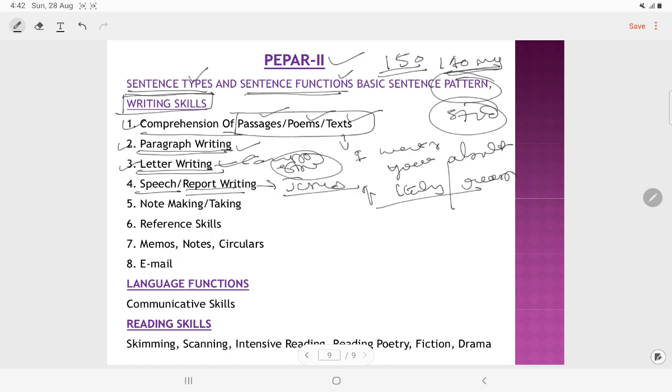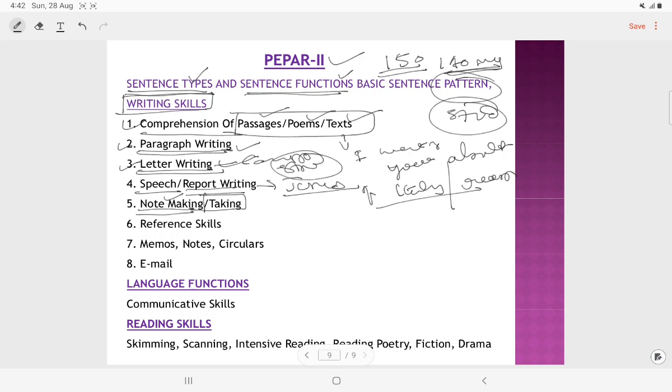We will discuss all those things. Next, note making or note taking. For example, when a teacher dictates some classroom notes, you need to take them down briefly, so that's called note making. There are some techniques for note making, and I will discuss those techniques with you in the coming videos.